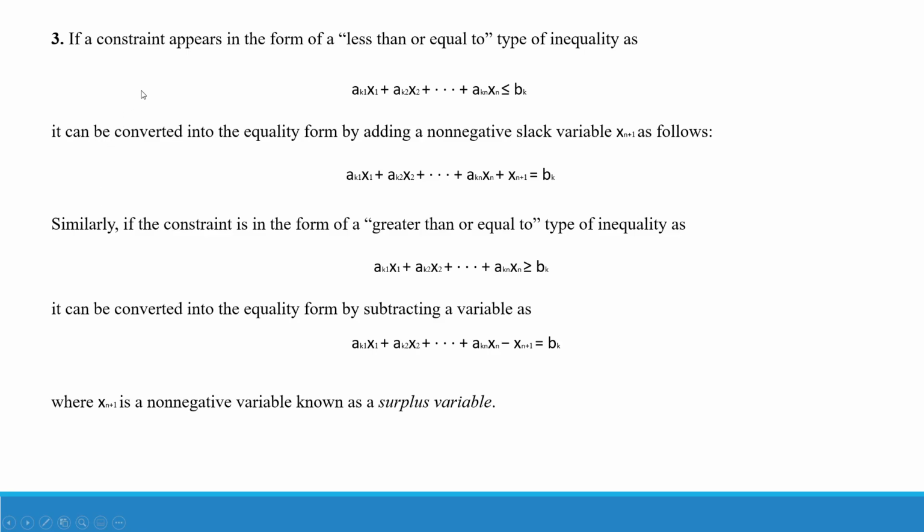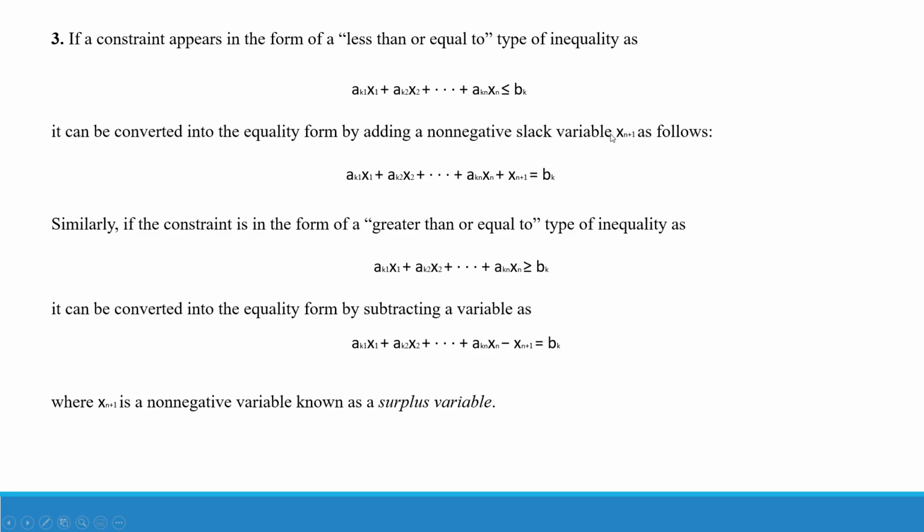The constraints in many cases appear as a less than or equal to type of inequality. For example, we need to add a slack variable. This is going to be the slack variable to transform this inequality to an equality equation. How can we make that?